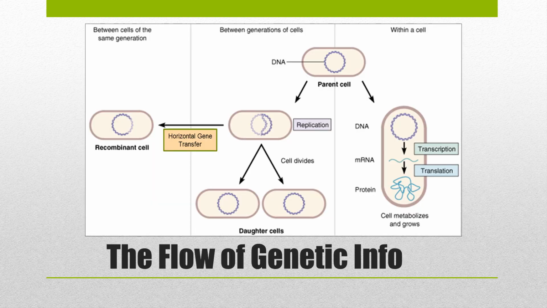All right, moving back into something that we have already talked about in previous chapters, and that is the flow of genetic information in bacteria. So remember that this is horizontal gene transfer, and we have three types of horizontal gene transfer.